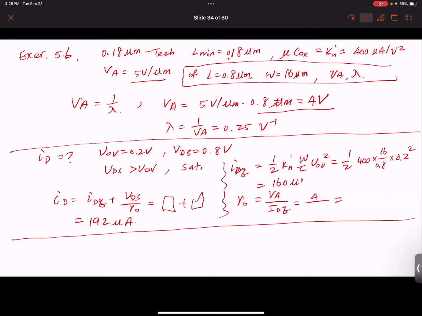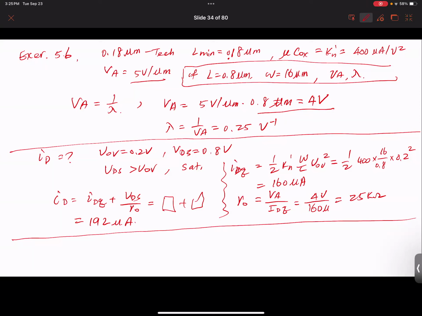160 microamps. So it's 4 volts divided by 160 microamps, remember? So divide by 0.16. So 4 volts divided by 0.16 milliamps gives you 25 kilo ohms. And then we're going to use VDS.